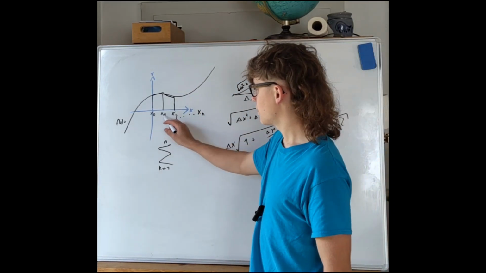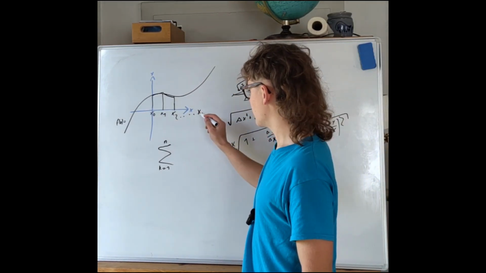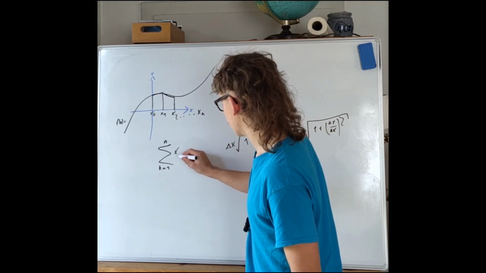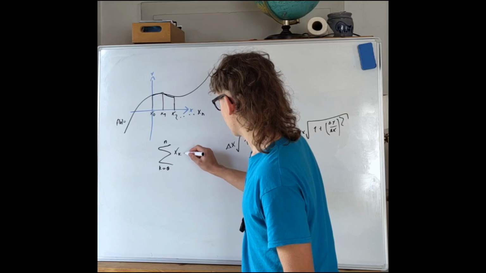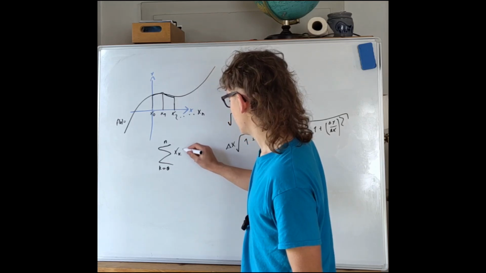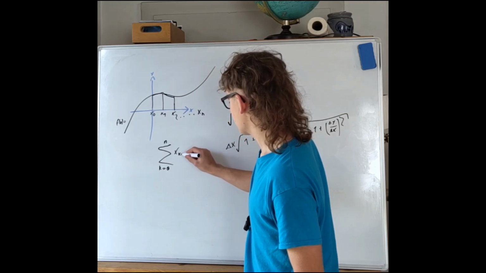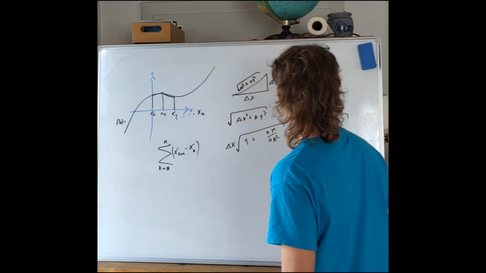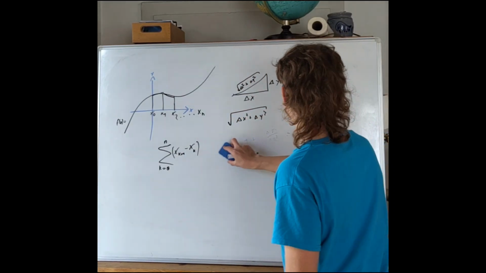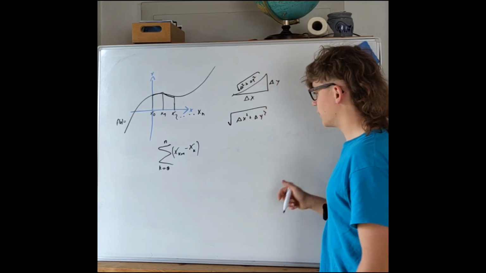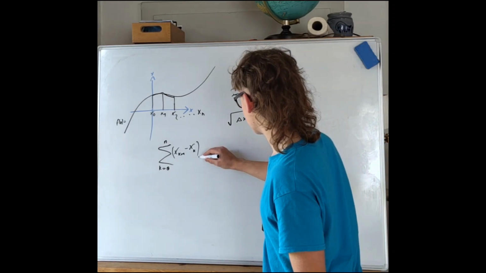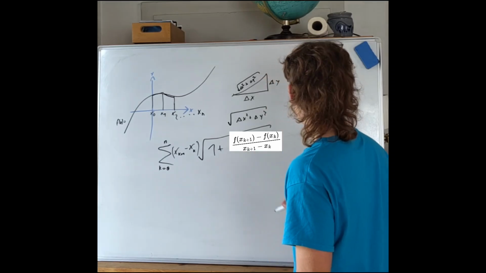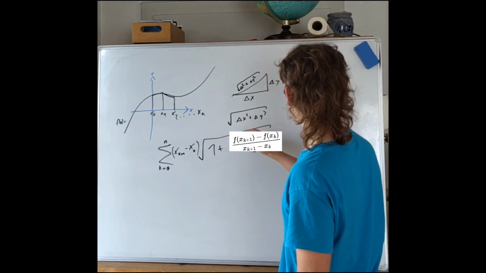Delta x is just x_(k+1) minus x_k, and then we get all of the other part, which is the square root of 1 plus (delta y over delta x) squared.